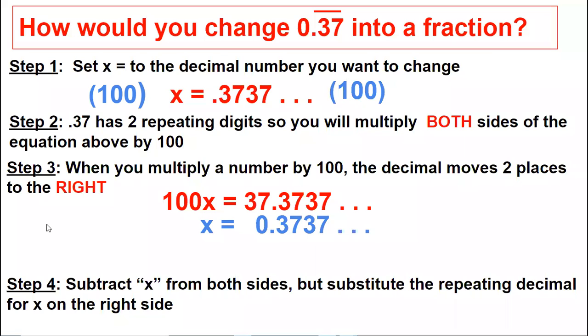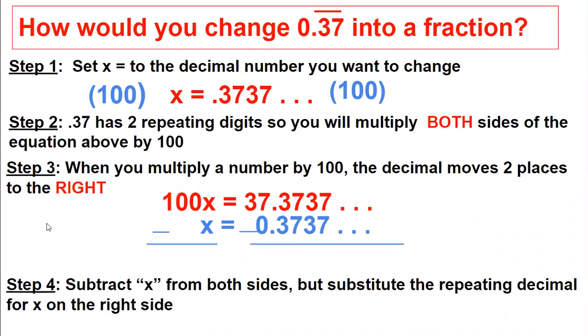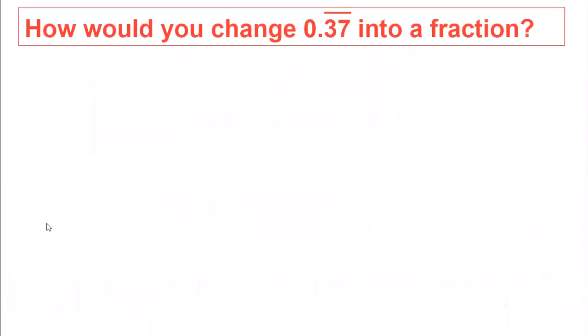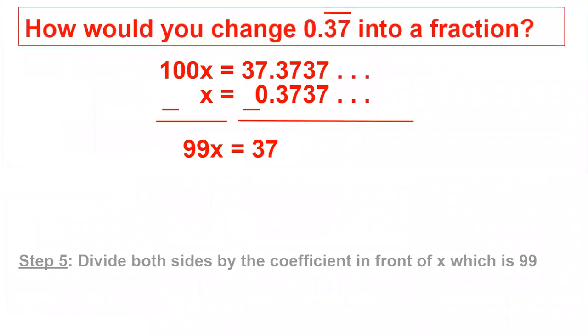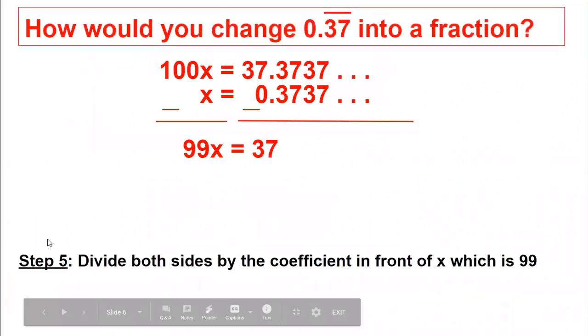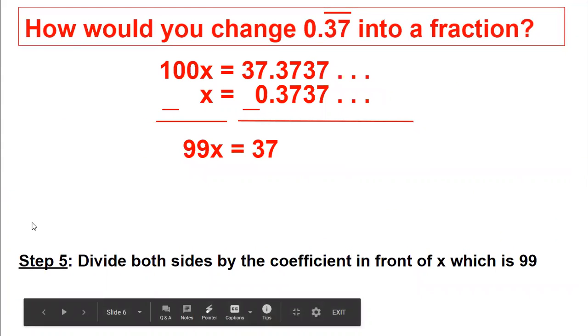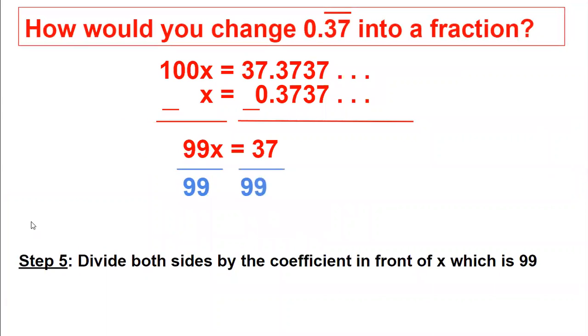And when we do that subtraction, we get 99x equals 37. Okay, so on the next page, I show you how to finish the job. Step 5, divide both sides by the coefficient in front of x, which we did. It's 99. The other one gets divided by 99.